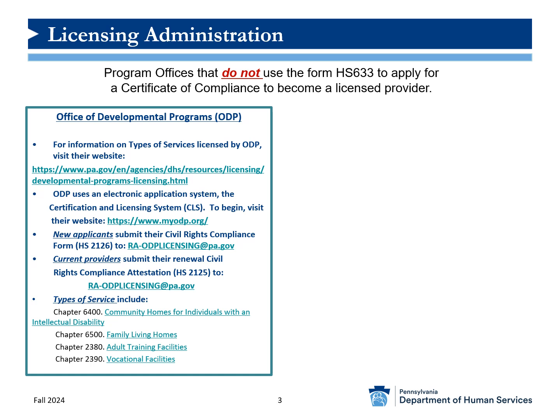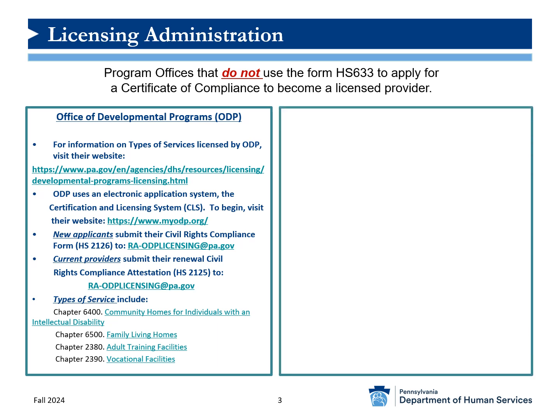If you are applying for any of those types of service, then please use that information to search the website for information on becoming a licensed provider with the Office of Developmental Programs.